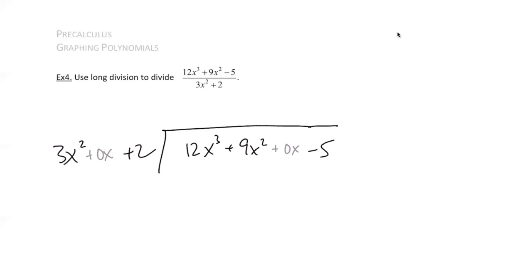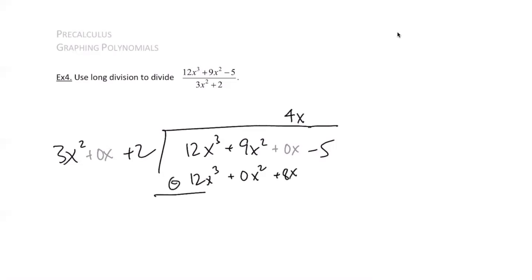So, again, 3x squared times what gives you 12x cubed? It's 4x. Now I can find something to align with each other. So 12x cubed; 4x times 0x, I got 0x squared. And then 2 times 4x, I got 8x.